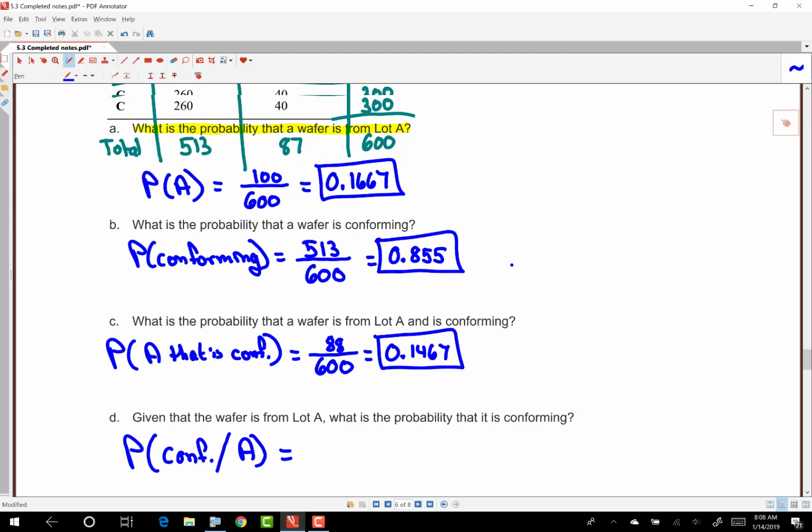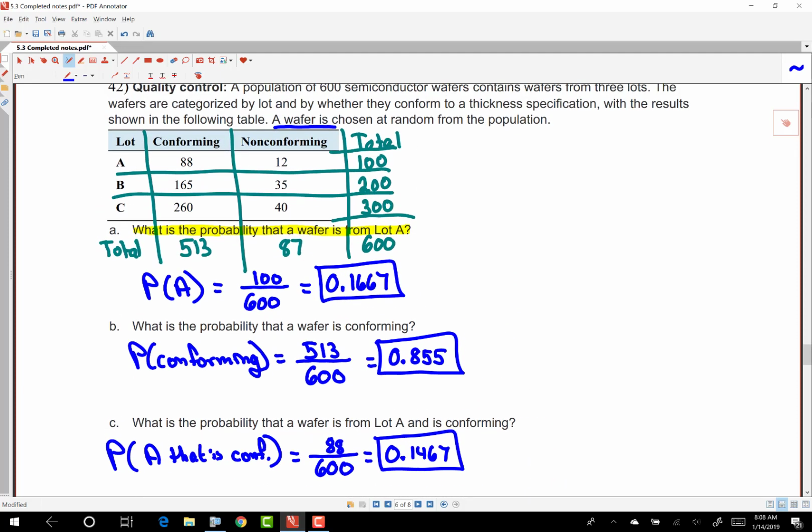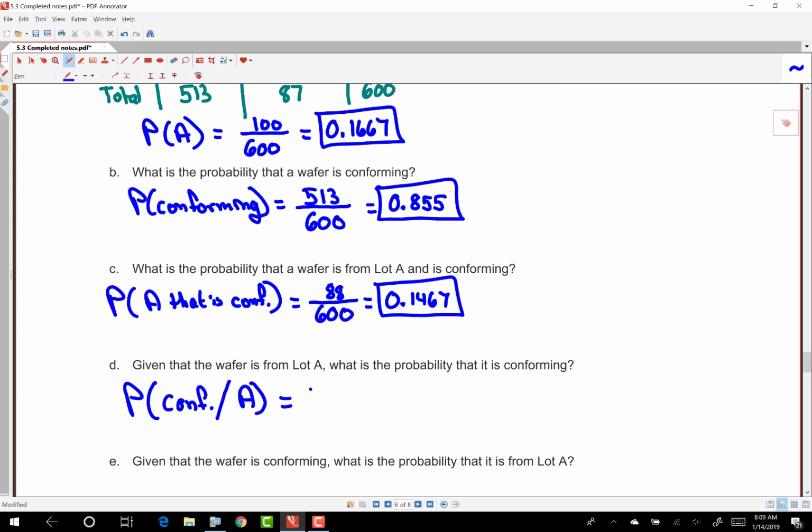So we're only going to look at lot A. So we are just looking at this row right here. So the bottom number is going to be 100. And then how many of those are conforming? 88. So that will be 88 out of 100, or 0.88.